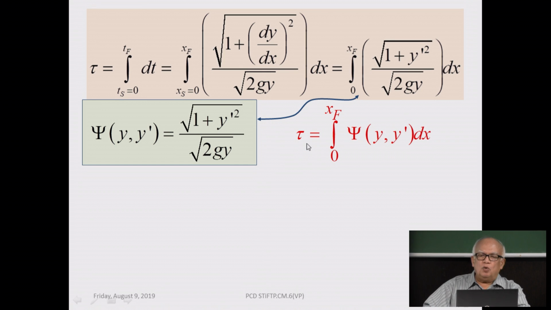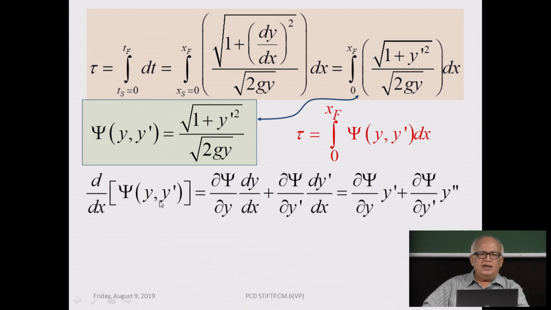And this is your total time interval, okay, which is from start to finish, and the path will be such that x will go from the start, which is 0, to the x coordinate of the final point, which is the finish point. Okay, so the integral over time can be evaluated as an integral over x.